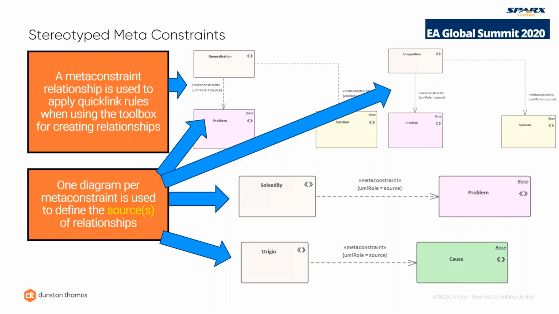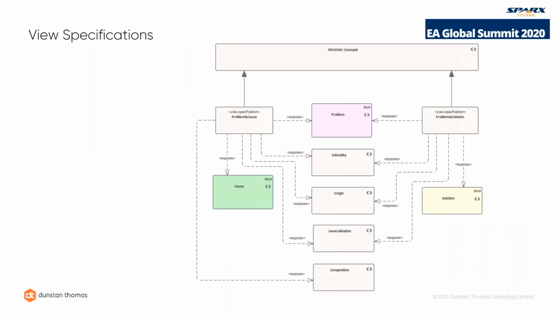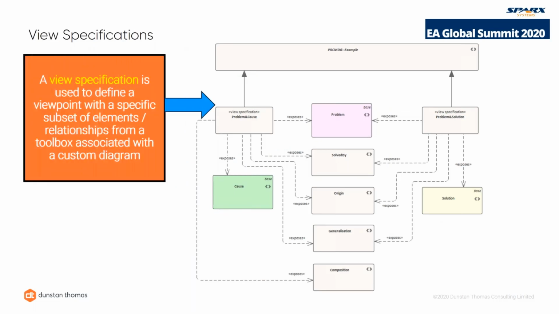So the final slide is going to be on view specs. Now, view specification is quite easy. What you do is you extend a diagram that you created earlier, and that is extended as a view spec.